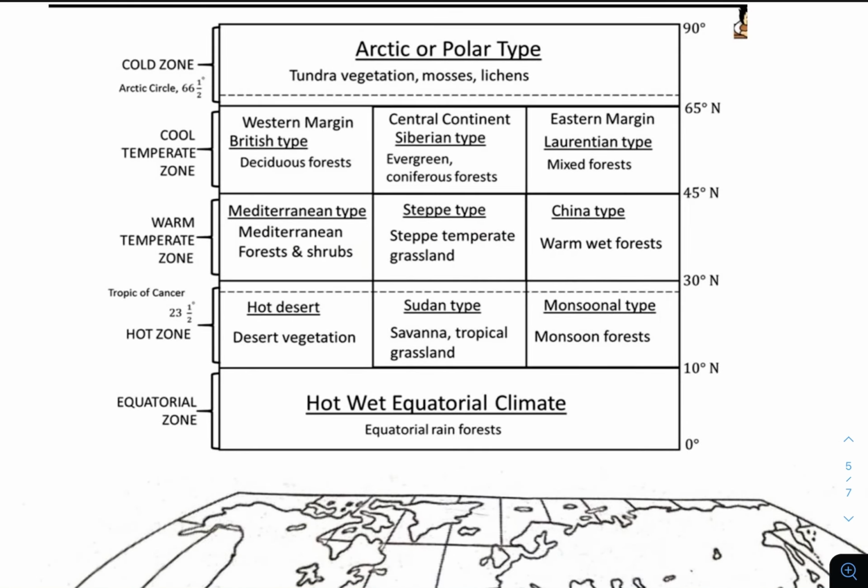It is a very important diagram, as we are talking about this Sudan type of climatic region. It is basically a transition zone between the hot desert, or the tropical desert, and the equatorial forest region.